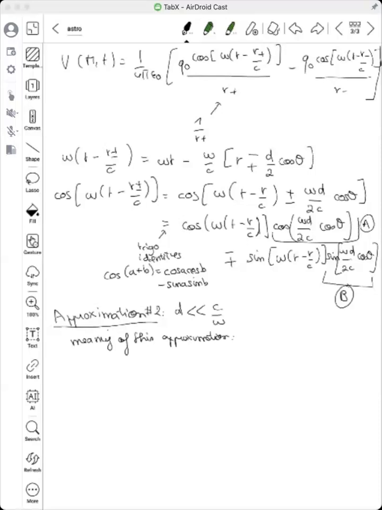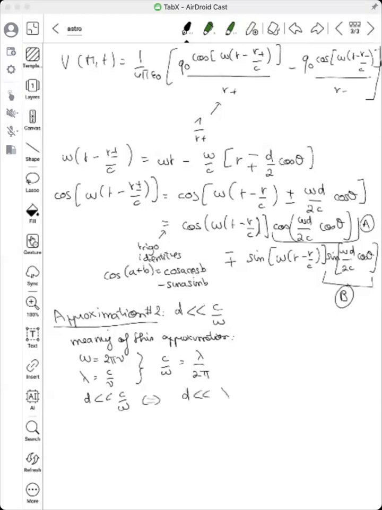So I remind you that omega, the pulsation, is 2 pi nu, where nu is the frequency, and lambda is c over nu. So c over omega is equal to lambda over 2 pi. And so assuming that d is much smaller than c over omega is actually equivalent to assuming what?